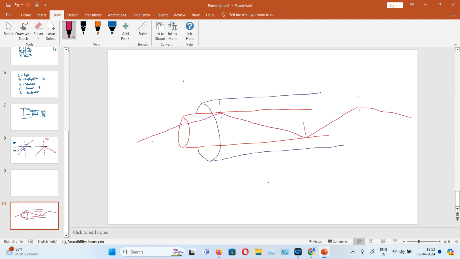So in an optical fiber, the rarer medium is provided around the denser medium.